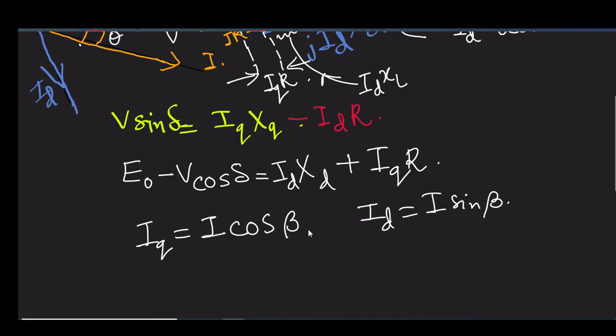Now we can write V sin delta, here we are having IQ and ID.